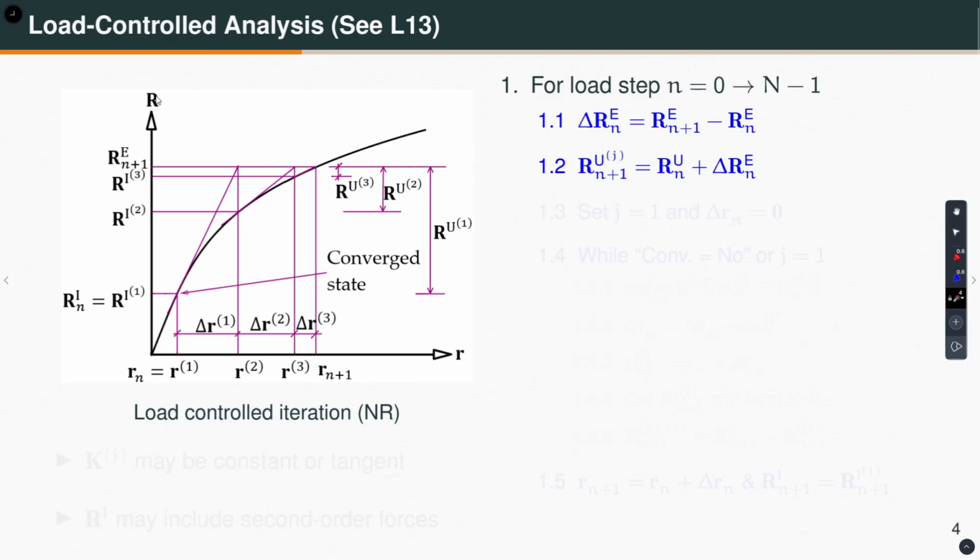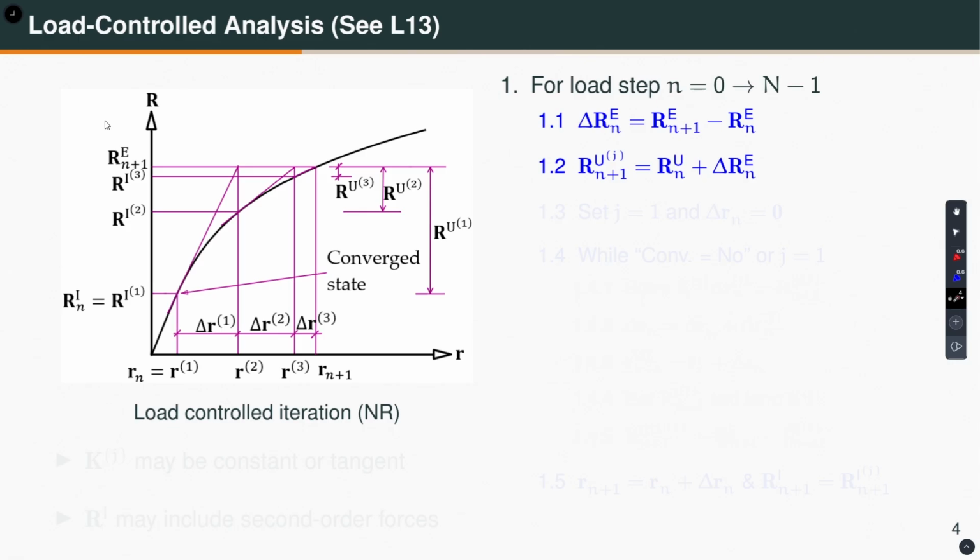Okay. If I show it schematically, let us say this is my capital R, the force vector, and this is my little r, the displacement vector at the structure level. Okay. And if you recall, I use capital R to denote both internal as well as external force vector. So, the moment I put superscript E, it means external. When I put superscript I, it means internal, so that I can plot the two on the same vertical axis, capital R. Okay.